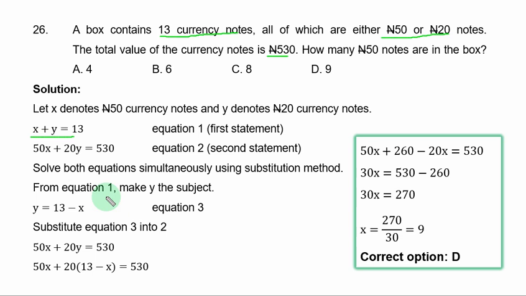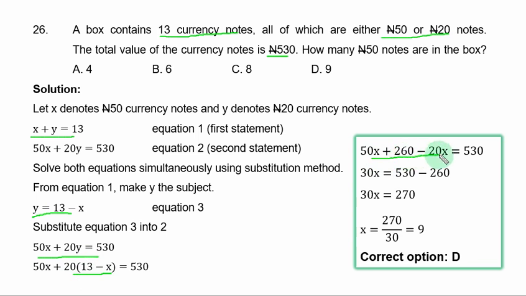If you make Y the subject, it will enable you to get S without solving for Y. So you have Y equal to 13 minus S. You call this equation 3 and put it into equation 2, because equation 1 produced equation 3. This is equation 2. Anywhere you see Y, replace it with 13 minus S.